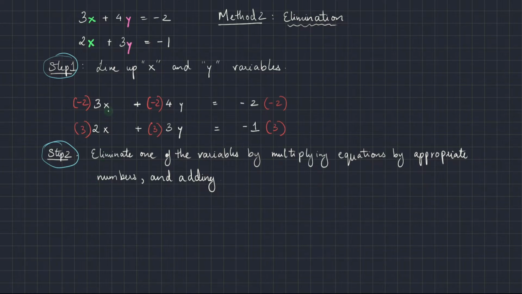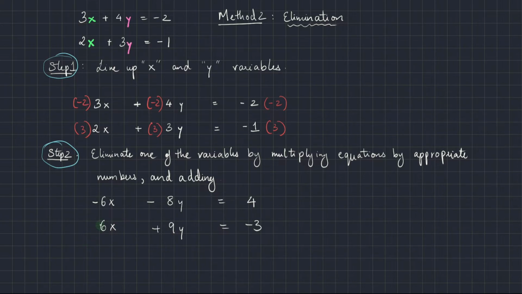So I'm rewriting the equations with the numbers multiplied. We have negative 6x minus 8y equals, negative 2 times negative 2 is positive 4. And the second equation becomes 6x plus 9y equals negative 3.